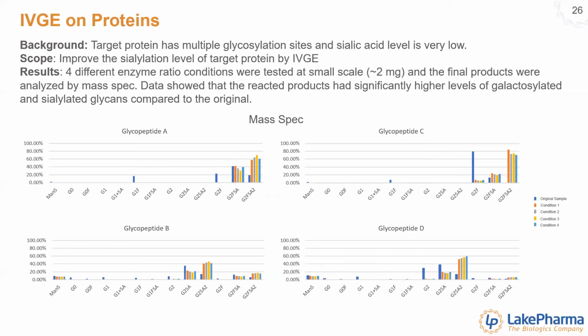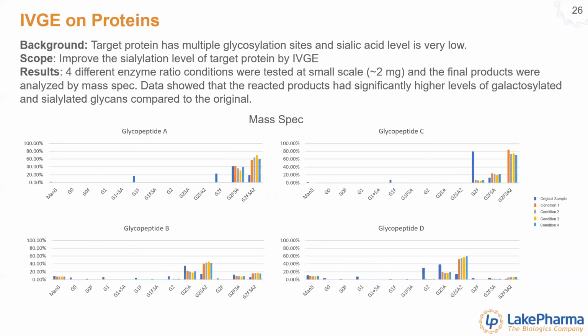Looking down at glycopeptide B, we see a significant mixture of glycan species, with the major species as G2SA and G2SA2. And with IVG reaction, there's some changes, but not significant changes.